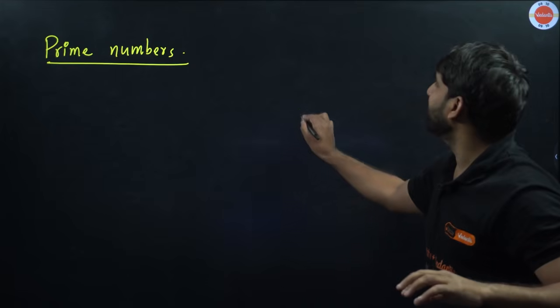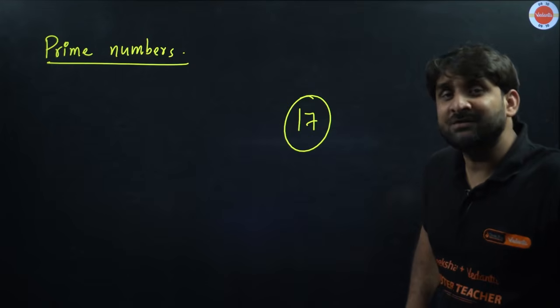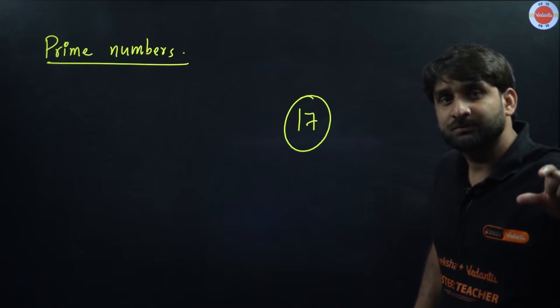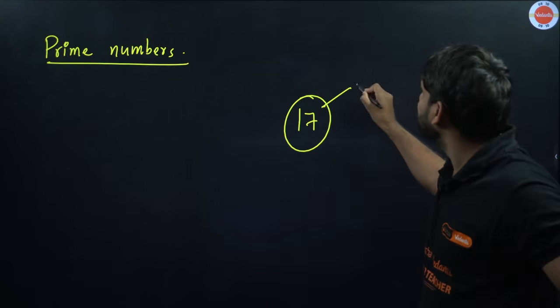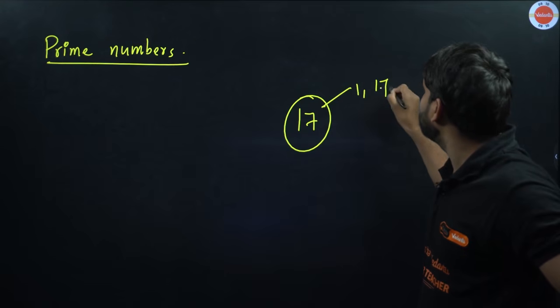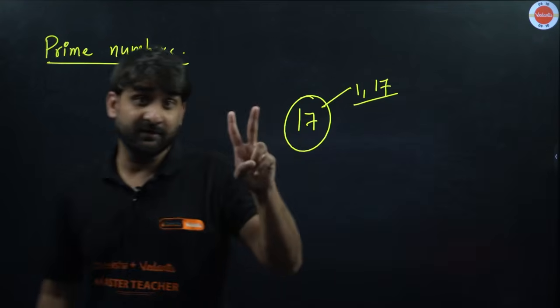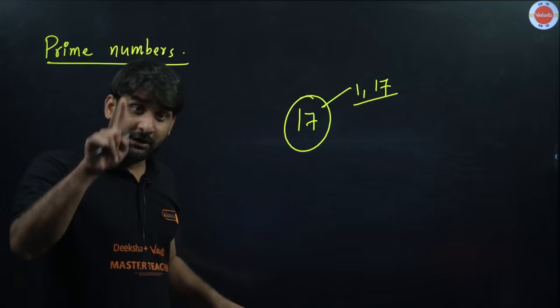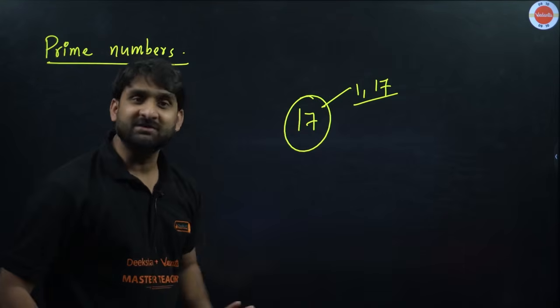If I ask you 17, by which numbers can 17 be divided? You will say, sir, 17 can be divided by 1 and by itself, 17. Only two factors are there.